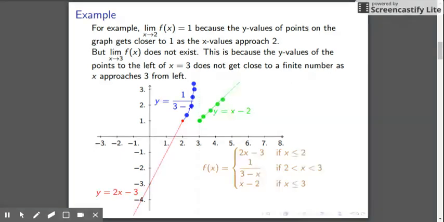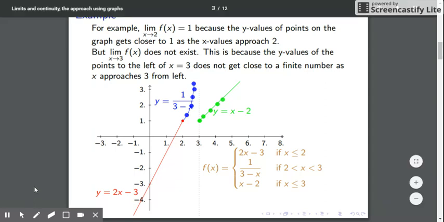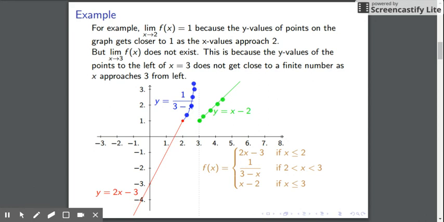But for 3, I needed both sides to give a prediction and one side wasn't. For 2, I needed both sides to give a prediction and both sides were giving a prediction, and the prediction was the same. So this is the concept of limits. If you can get a prediction from both sides, you will have a limit. That's the basic graphical approach to limit.